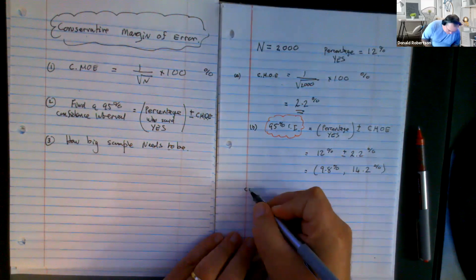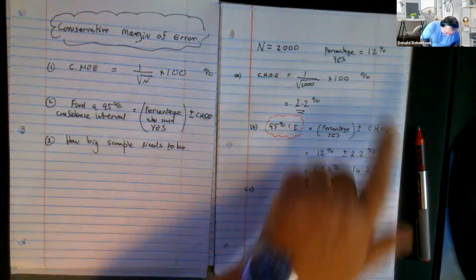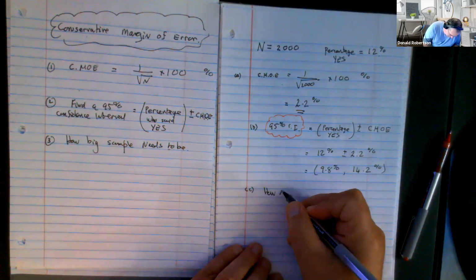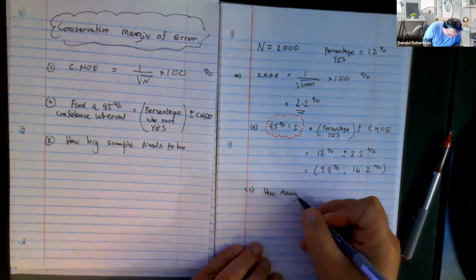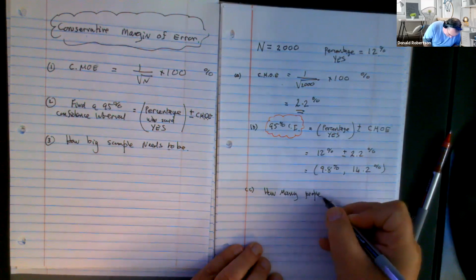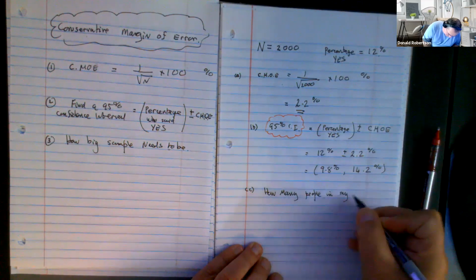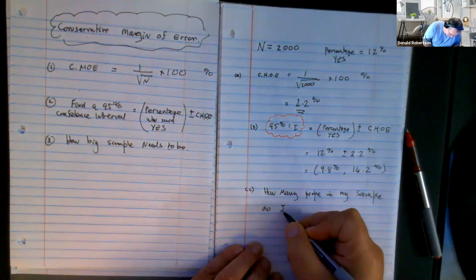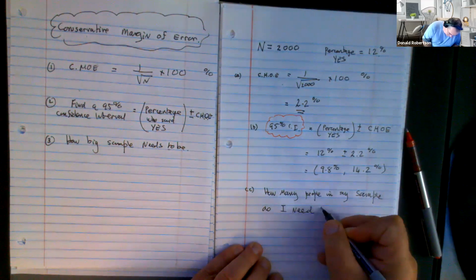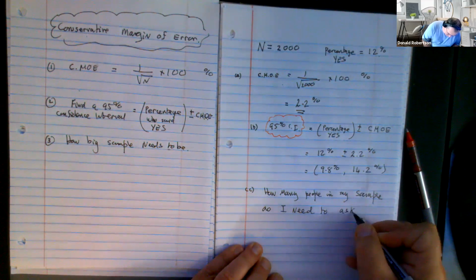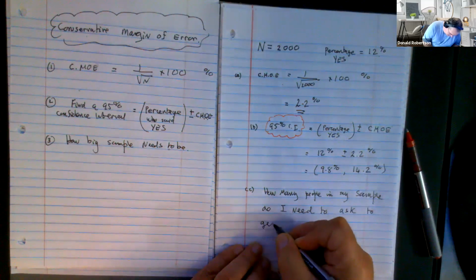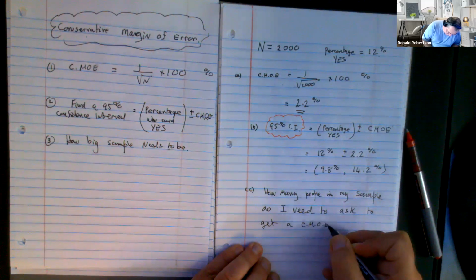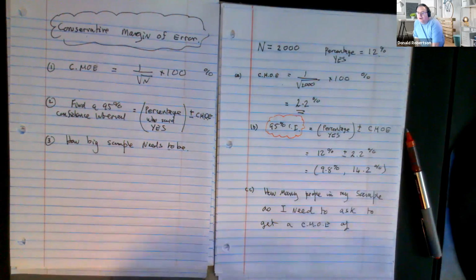And then part C, same story, right? And this time it is, how many people in my sample do I need to ask to get a conservative margin of error of, okay, what kind of percentage do you want?